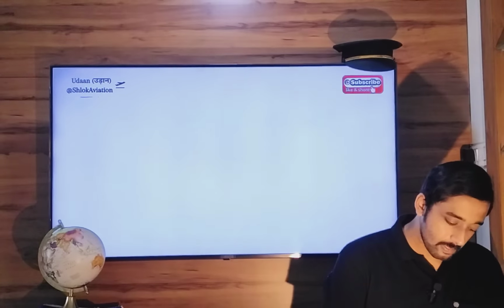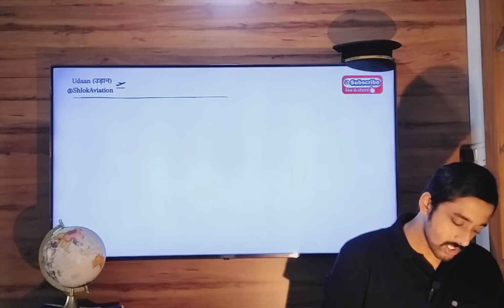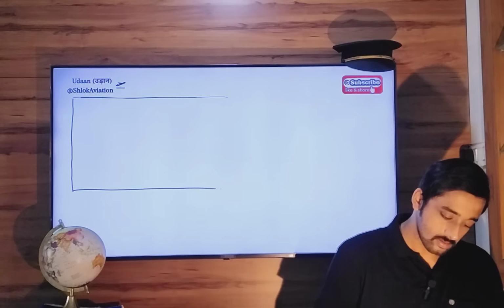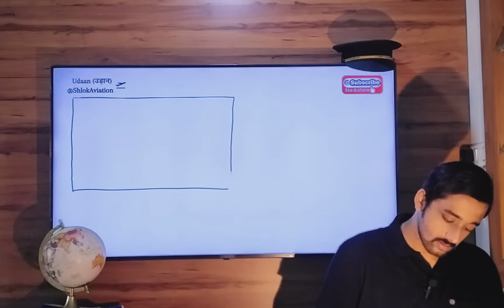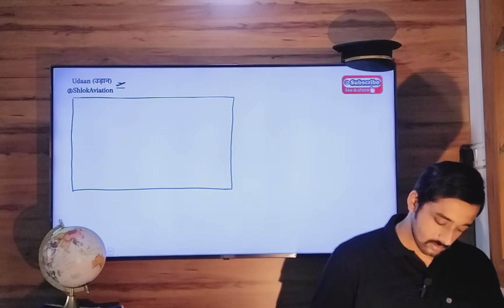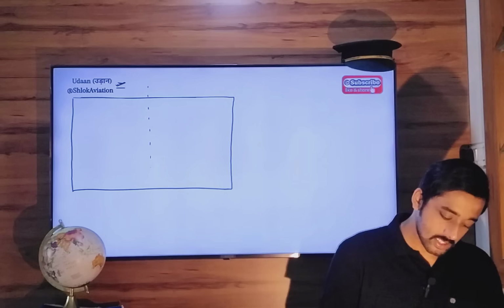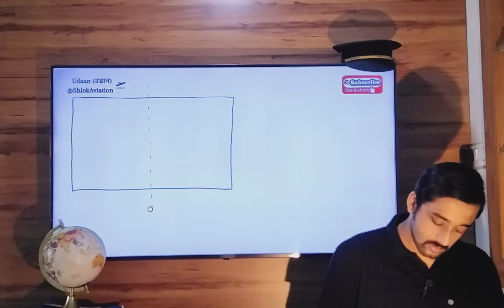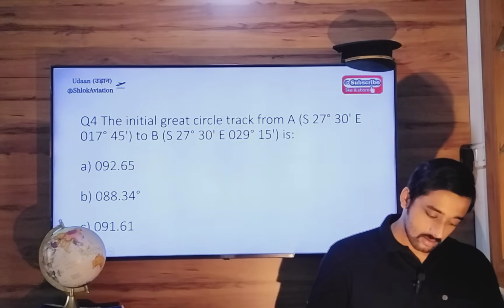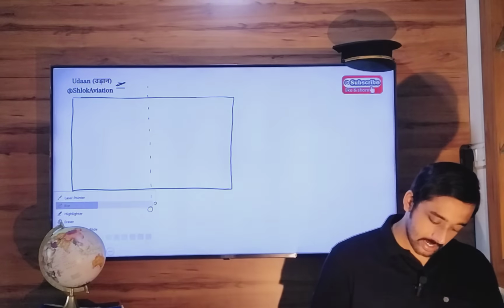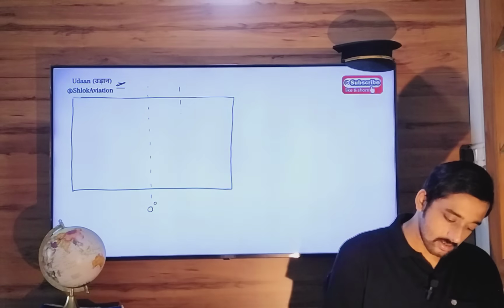Let's say this is the representation of the Earth. This is the longitude 0 degree meridian. So there is one longitude 17 degrees 45 minutes east.